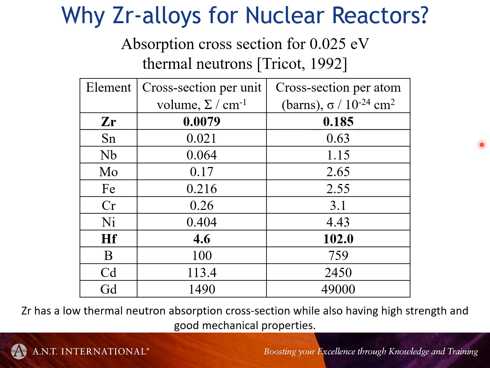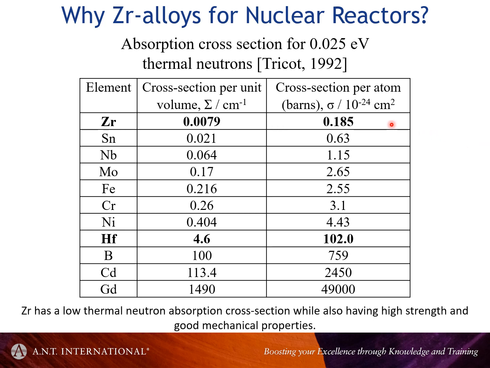So for natural uranium reactors, it's particularly important to use zirconium alloys in the core so that one minimizes the amount of absorption. And zirconium is an ideal element because it has other properties which make it suitable for being a structural material.